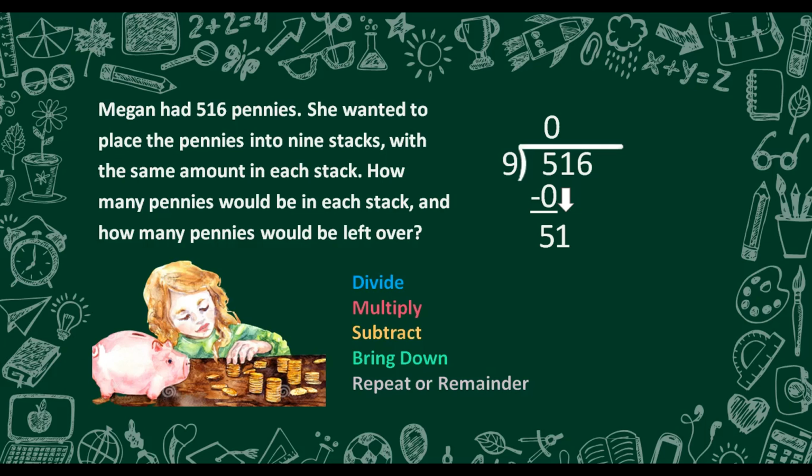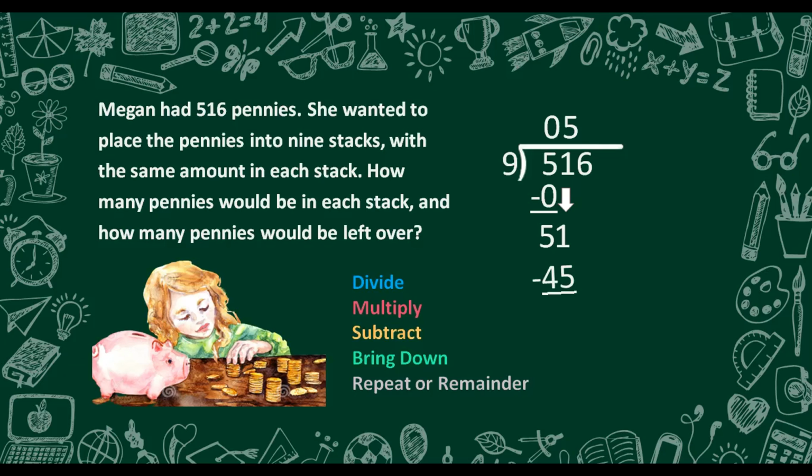How many times can 9 go into 51? Well, using our times tables, we know that 9 can go into 51 5 times without going over. Now we can multiply. 9 times 5 would give us 45.